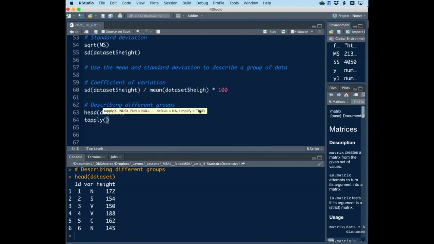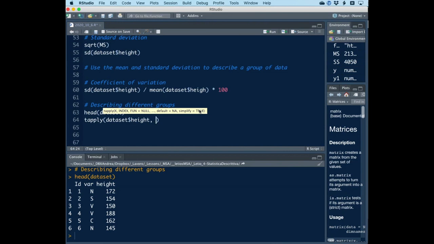So the function is tapply. It calculates statistics by group, and it needs 3 arguments. The first argument is the variable which we want to calculate the mean of, or the statistic of, and this is height. Second argument, the variable coding for the groups.